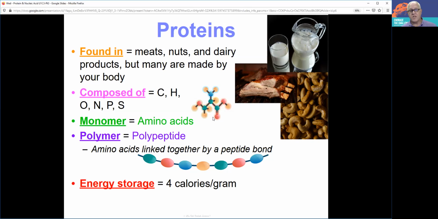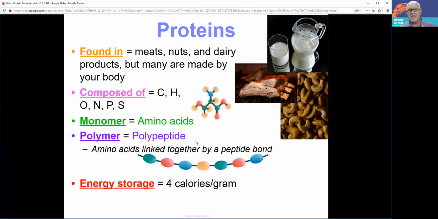Now, proteins provide us with energy storage, but only 4 calories per gram. Remember, your carbohydrate gives you 4 calories per gram of short-term energy. The lipid gives you 9 calories per gram of long-term energy. And the proteins do have energy storage of 4 calories per gram.